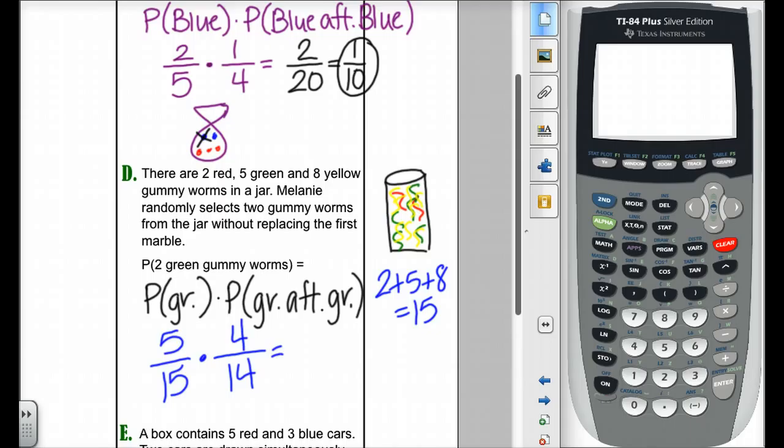I'd prefer to simplify this ahead of time because it'll make my life easier. 5 and 15 are both divisible by 5, which gives me 1/3. 4 and 14 are both divisible by 2, giving me 2/7. I multiply through and I get 2 over 21. It's not simplifiable, so my probability is a 2 in 21 chance of selecting 2 green gummy worms.